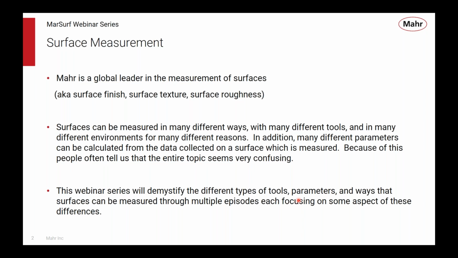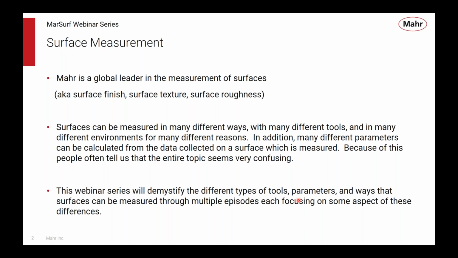And if you're tuning in, you're probably familiar enough with surface measurement to know that surfaces can be measured in many, many different ways with different kinds of tools. You might do it in different environments and for different reasons: manufacturing a product, designing a better product. And you can use all kinds of different parameters calculated from the data measured on the surface.